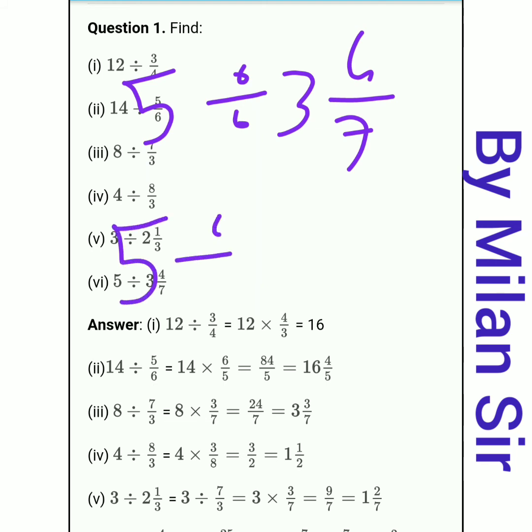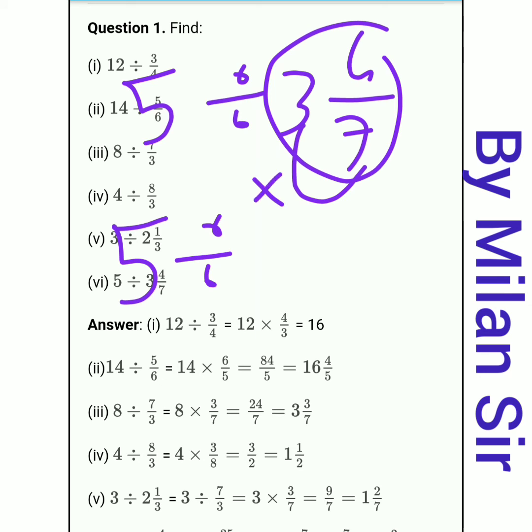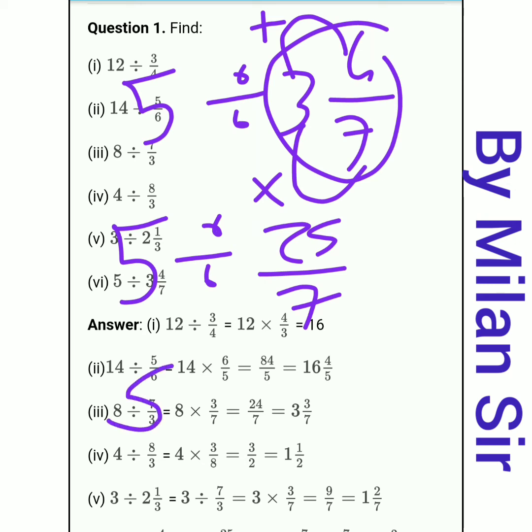So 5 as it is, divide as it is. First of all, simplification: 7 multiply 3, 7 3s are 21 plus 4, 25 divided by 7. So here 5 as it is.